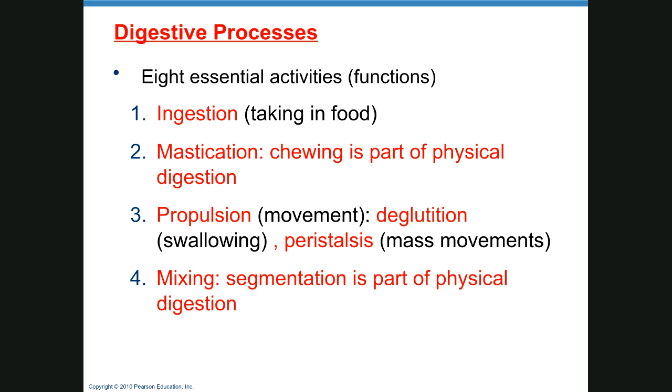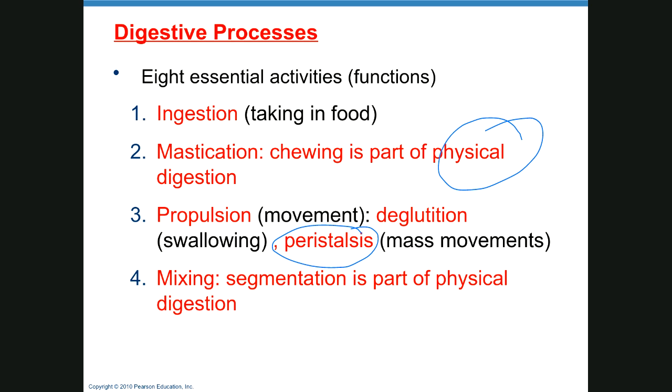The digestive process involves taking in the food, which is ingestion. In the oral cavity, food is masticated or chewed, and that is physical digestion of the food. There will be also some chemical digestion at that point also. The movement of the food through the GI tract involves peristalsis.